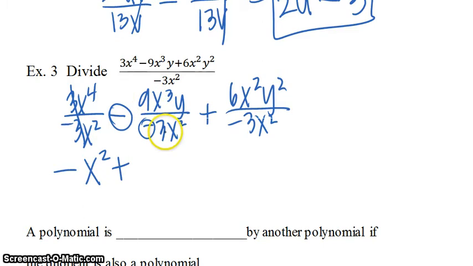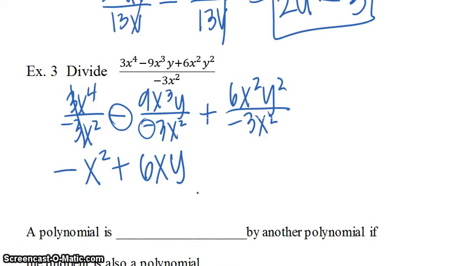So 9 divided by 3 is 3 at the top. And then we have x cubed over x squared. That means there's going to be an x at the top, so we'll put that next to the 3, and y at the top. We don't have to put over 1 because they're all at the top. If you want to write the over 1 at first to help you, that's fine.